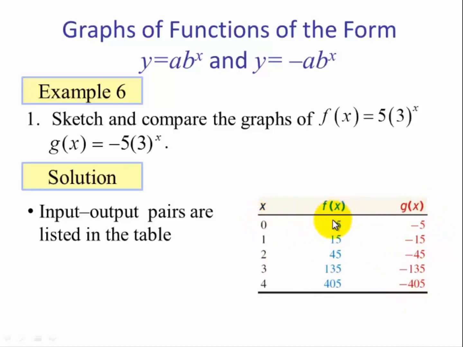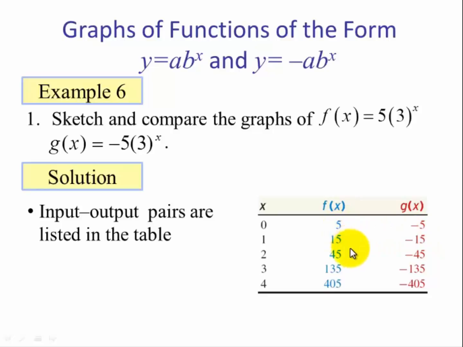When x is 0, f of x is 5, and for g of x, it's negative 5. When x is 1, we have 15, because 3 raised to the 1 power is 3 times 5 is 15. For g of x, x is 1, so we have 3 to the first power times a negative 5, which gives us a negative 15.